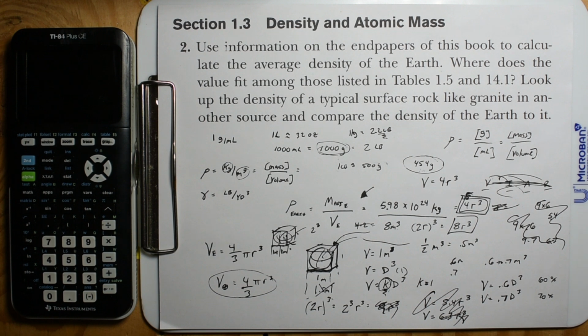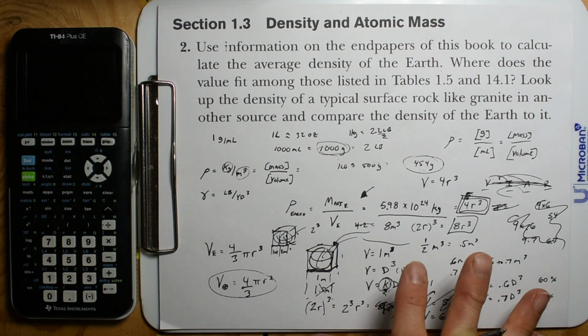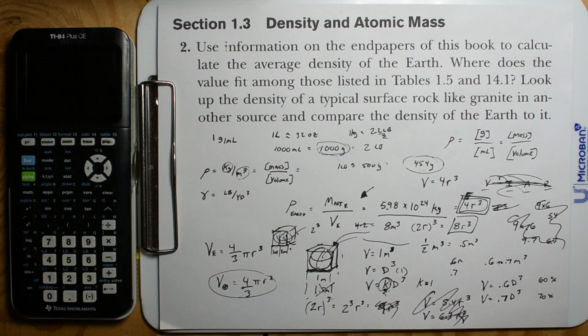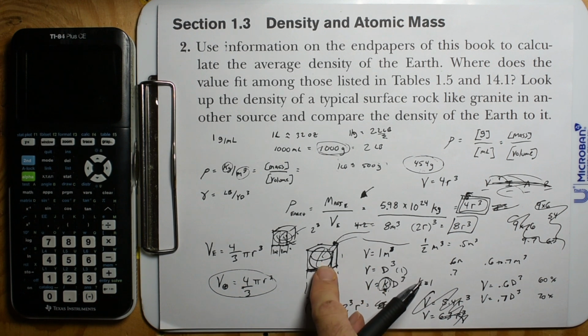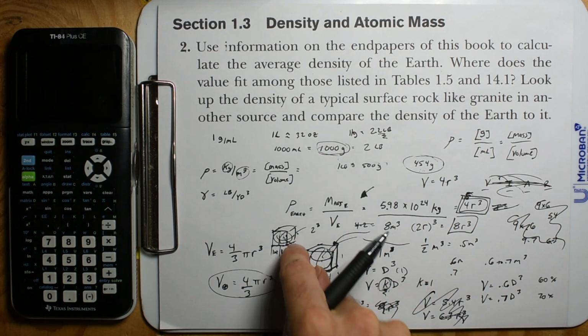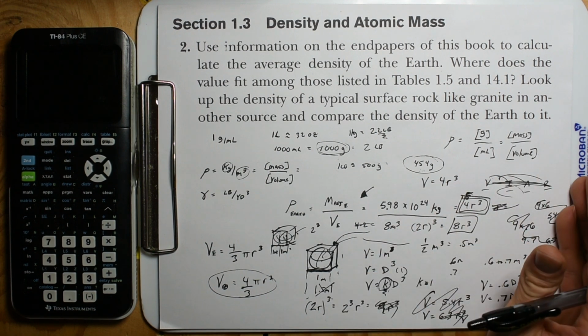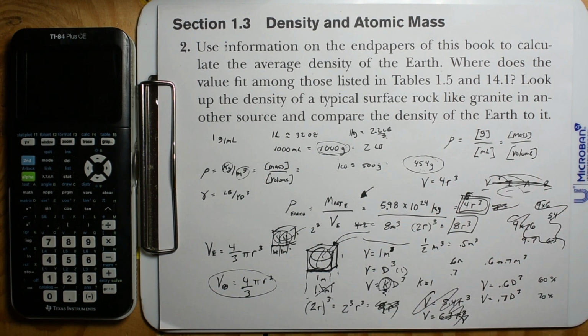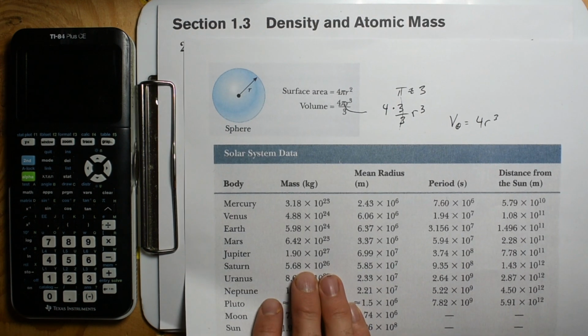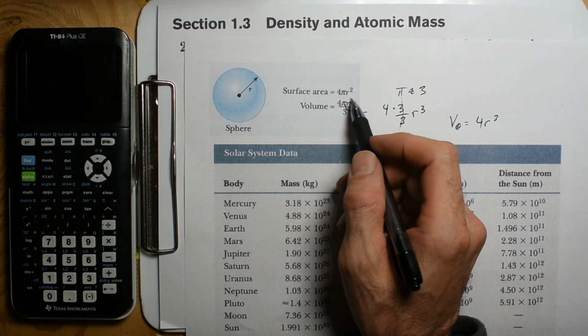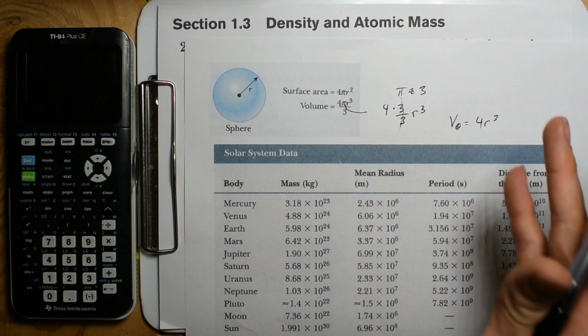And so I love doing this type of stuff because it'll help you guess at other things. It'll help you make better estimates. There's no reason to do this, but this is the best place to do stuff like this because you already know what the equation is. But let's say I didn't want to look this up and I wasn't able to look up that the volume of the sphere was 4/3 pi r cubed.